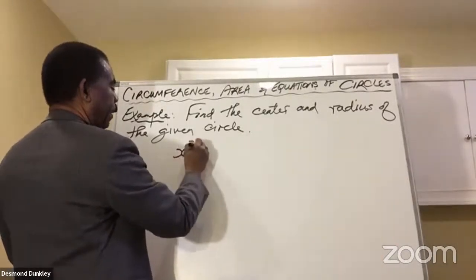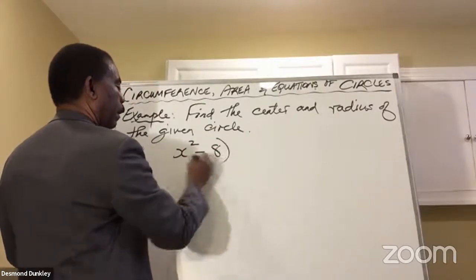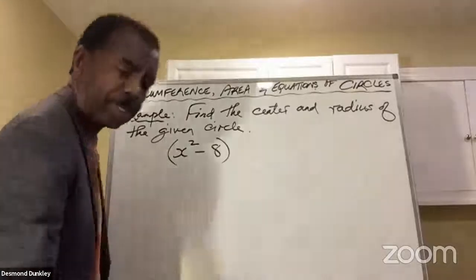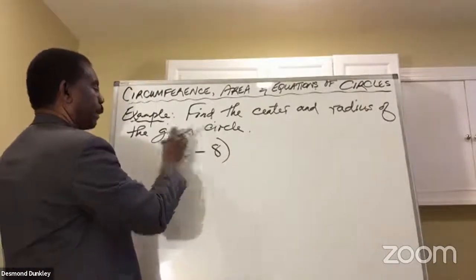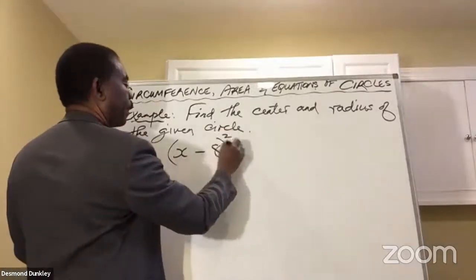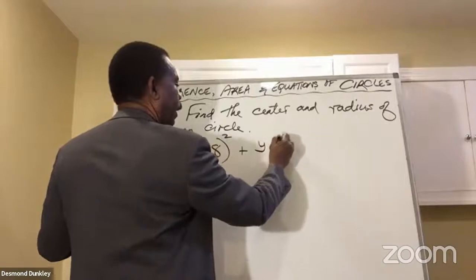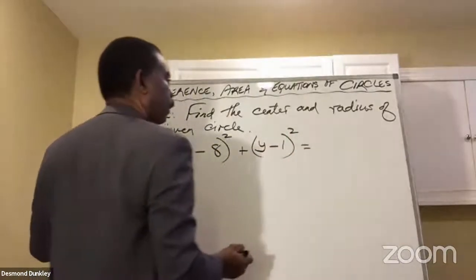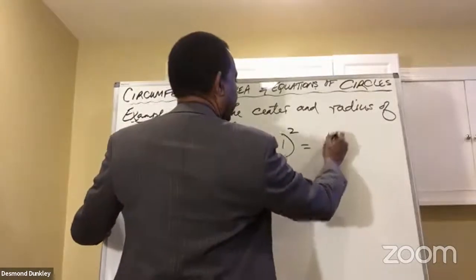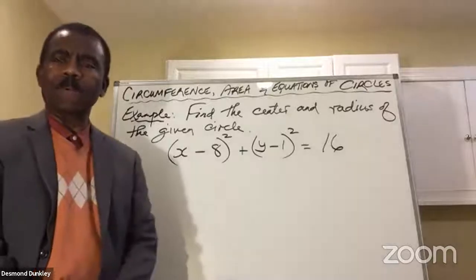X squared minus 8. Oops, I lied. X minus 8 squared plus y minus 1 squared equal to 16. What is the center?